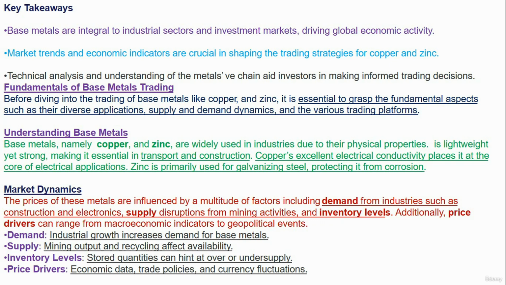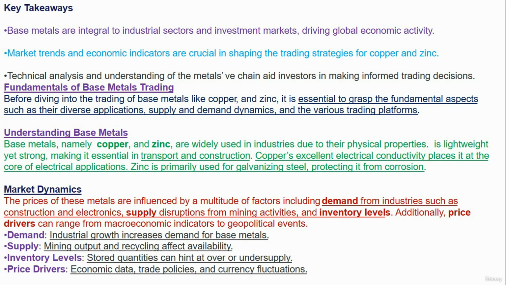So copper and zinc, these are essential for transportation and construction. Copper has been used widely in electrical applications. Zinc is basically used in galvanizing steel, and this protects it from corrosion.